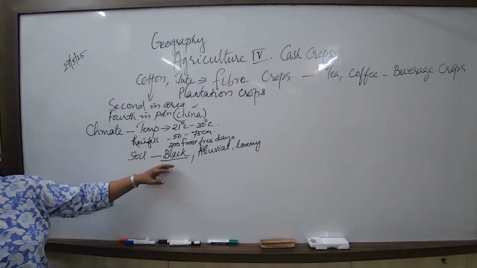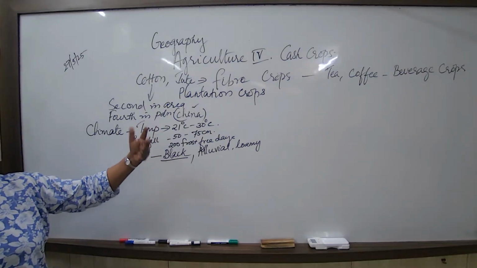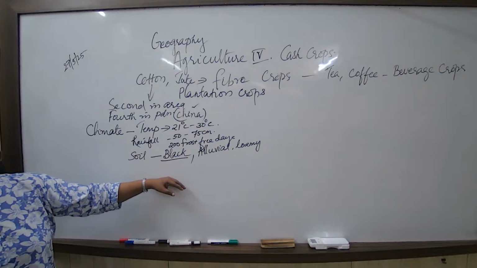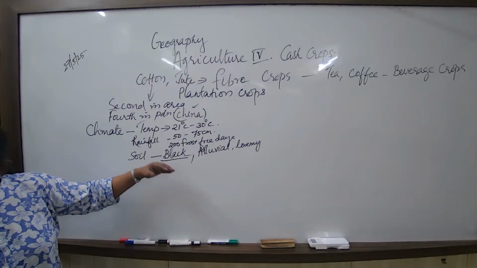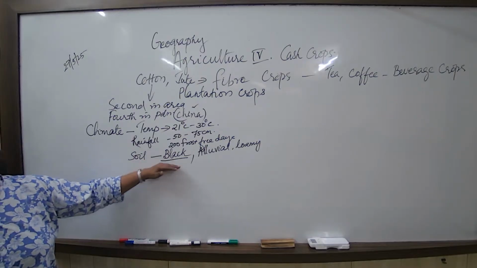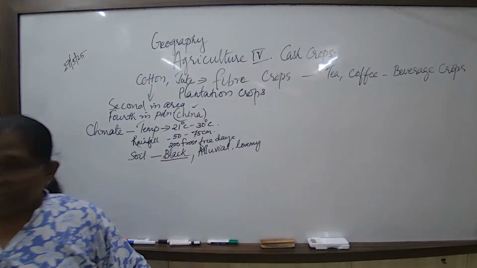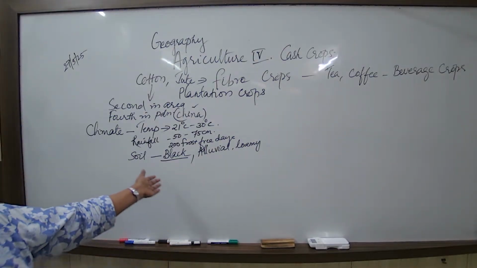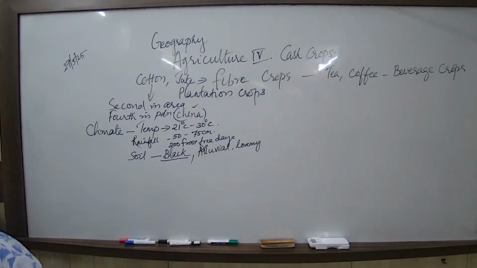So there you have learned which soil is good for the growth of cotton? Black soil. Okay. So that we have to remember always. That is why in South India most of the cotton growing areas can be found. But alluvial and loamy soils are also good. And that's why nowadays some other areas are also tried for this.